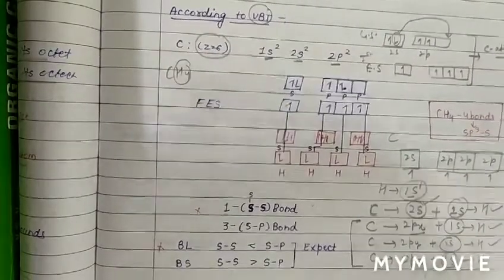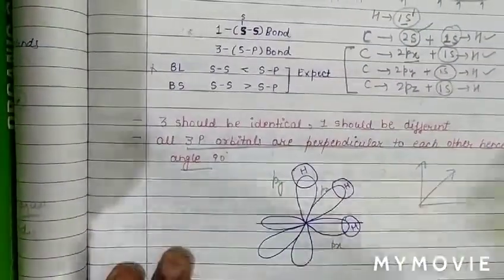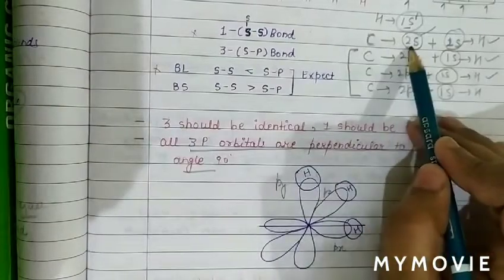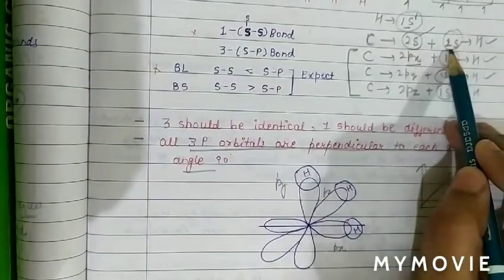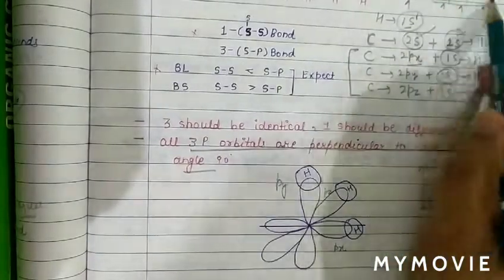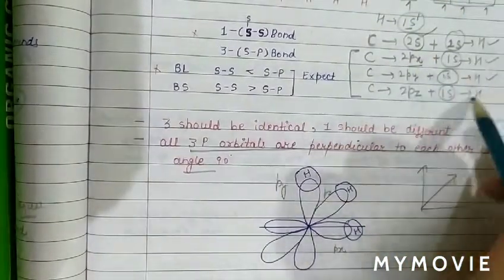So according to valence bond theory, in this case the 2s orbital of carbon and the 1s orbital of hydrogen form 1 sigma bond. Then the 3 p orbitals of carbon, px, py, pz, overlap with 1s orbitals of hydrogen.